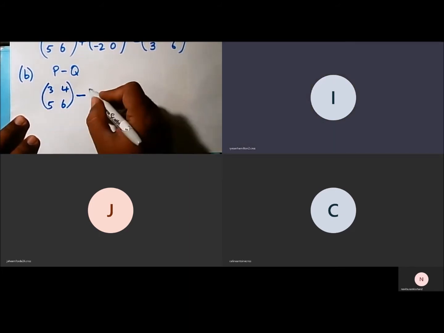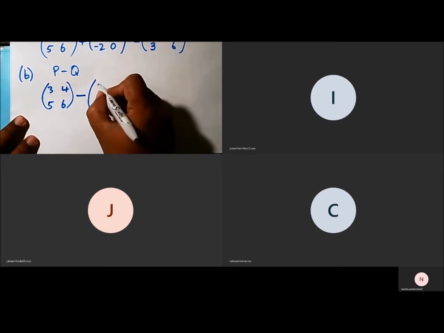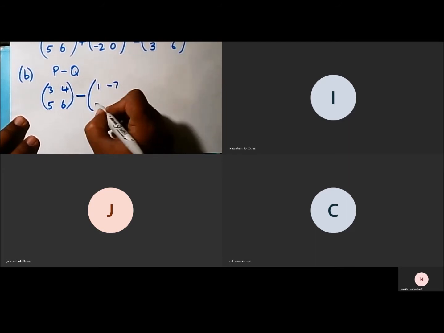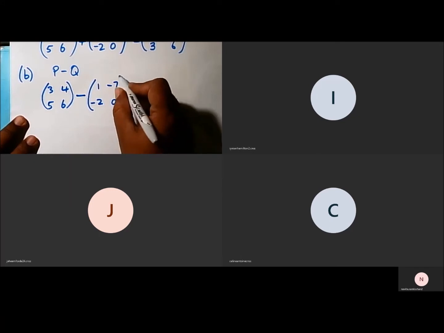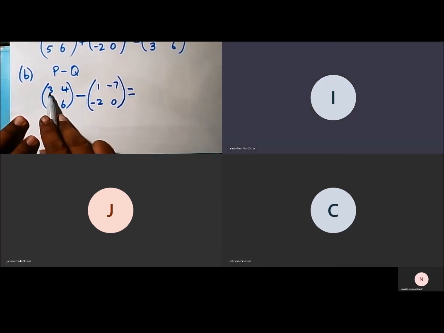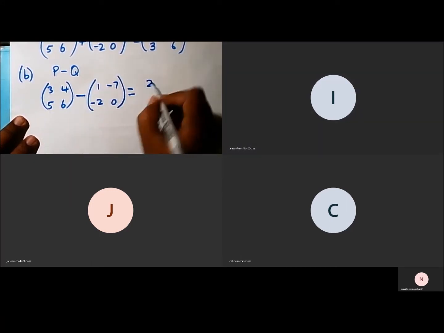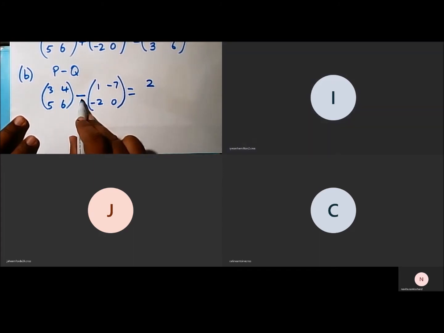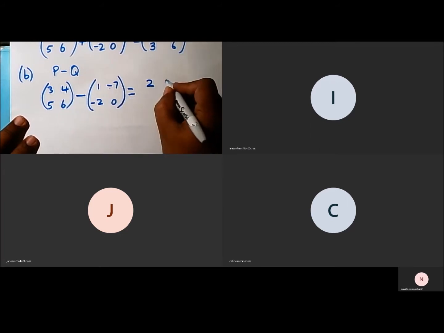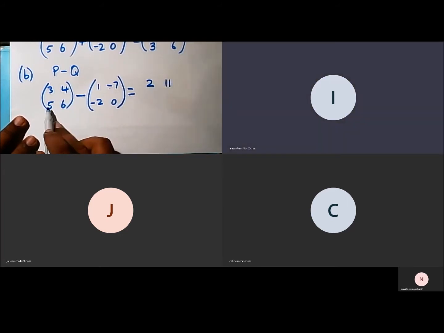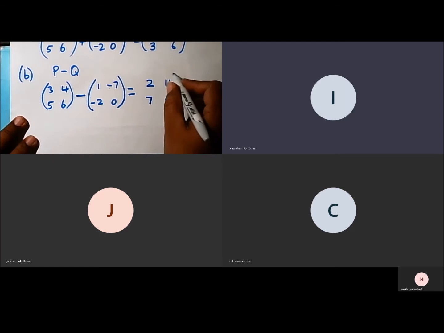We now have a takeaway sign, and Q is 1, minus 7, minus 2, 0. 3 take away 1 is 2. 4 take away minus 7 turns into 4 add 7, which will be 11. 5 minus minus 2 turns into 5 add 2, which is 7. 6 take away 0 is 6.